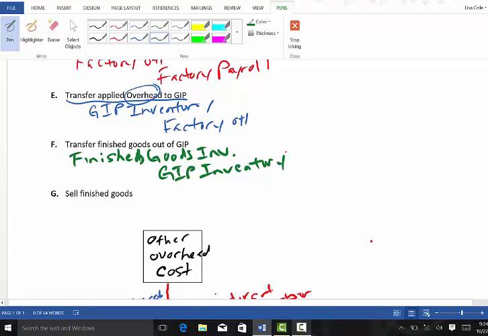And then finally, we would sell the good. So when we sell the good, we would debit cost of goods sold. This pen is getting stuck. So when we sell it, we would debit cost of goods sold.